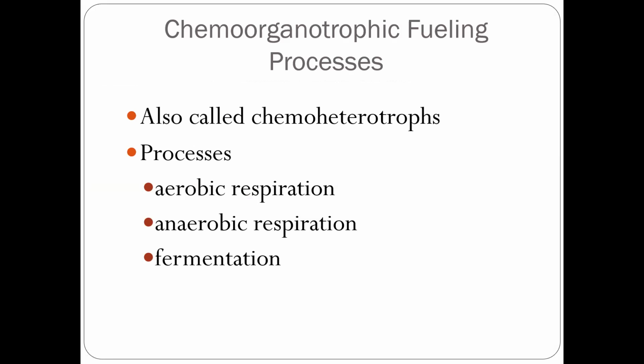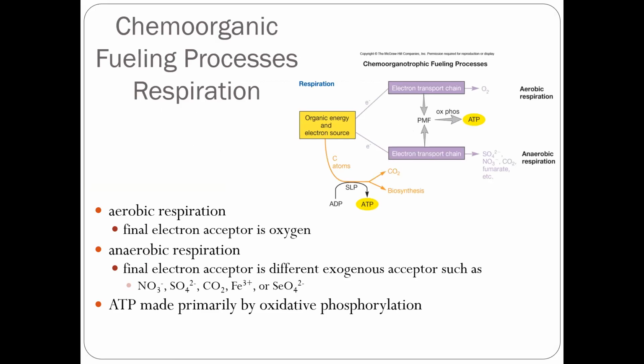So this is what we're going to talk about. Chemoheterotrophs: aerobic respiration, anaerobic respiration, and fermentation. Remember, I already have a video for that, so we go over the slides right now. This is what I drew on the blackboard already.